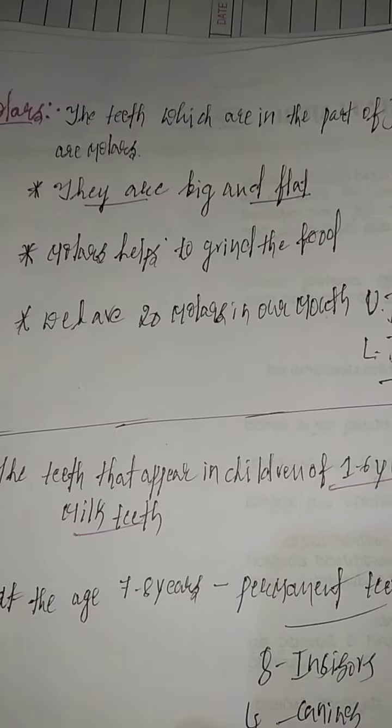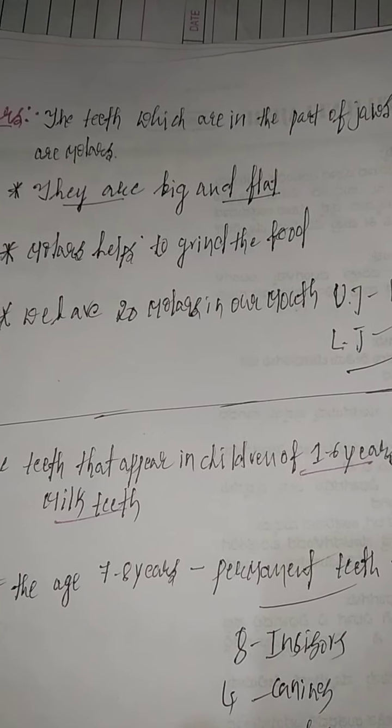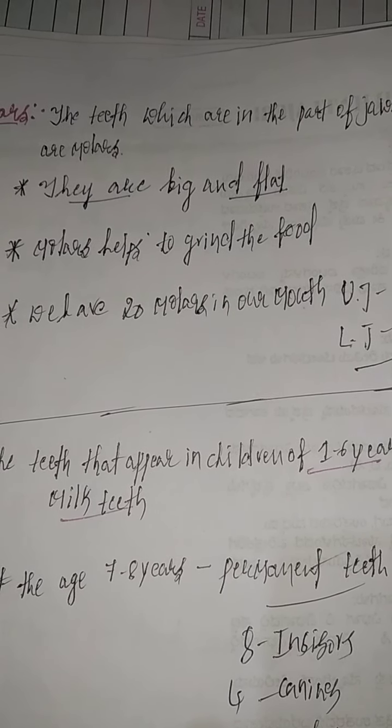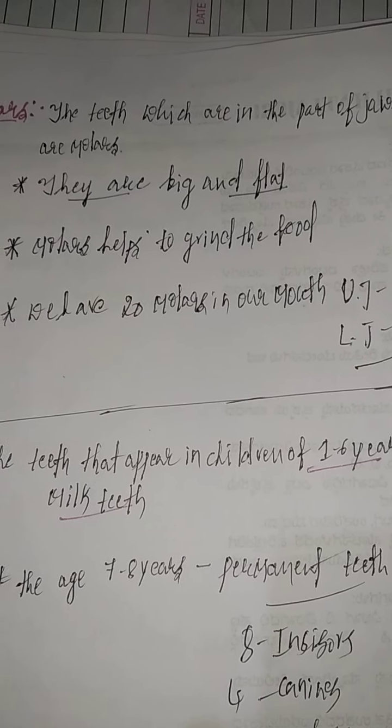The teeth which are in the part of the jaws are called molars. Molars are very big and flat, and they help to grind the food.